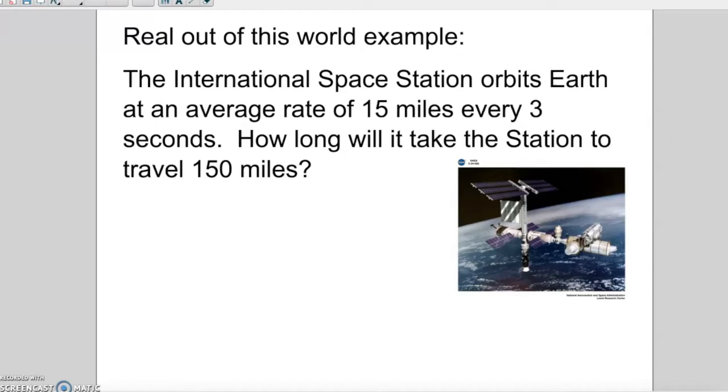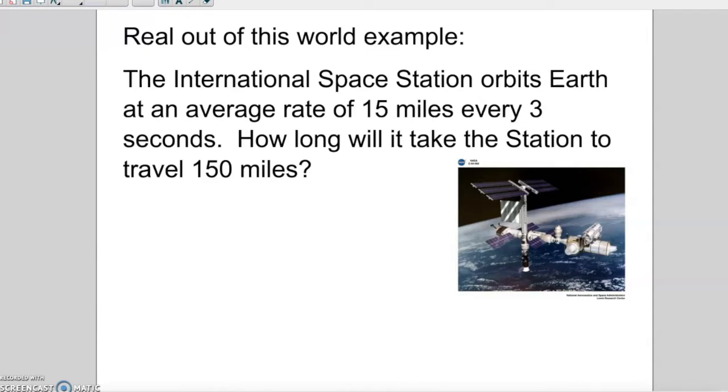Now, this has nothing to do with money, but here is a real out-of-this-world example. The International Space Station orbits Earth at an average rate of 15 miles every 3 seconds. How long will it take the station to travel 150 miles? So think about that.